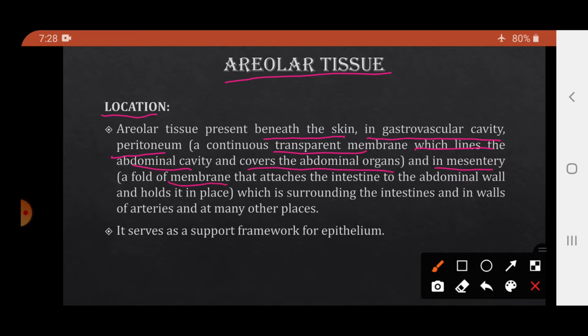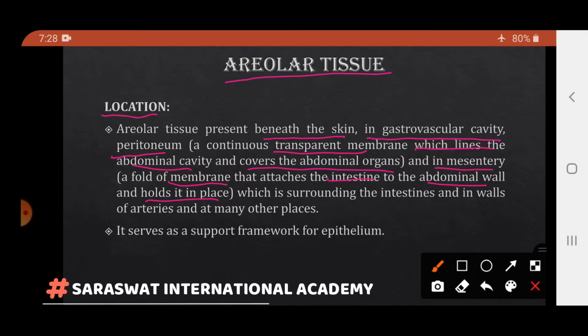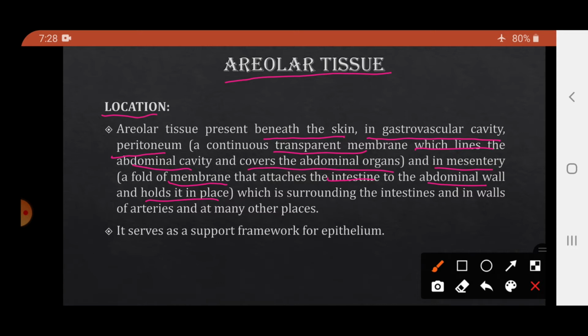And in the mesentery, what is a mesentery? It is a membrane that attaches the intestine to the abdominal wall and holds it in place. So जो membrane intestine को abdominal wall से attach रखती है and intestine को अपनी place पे रखती है, that membrane is called the mesentery.